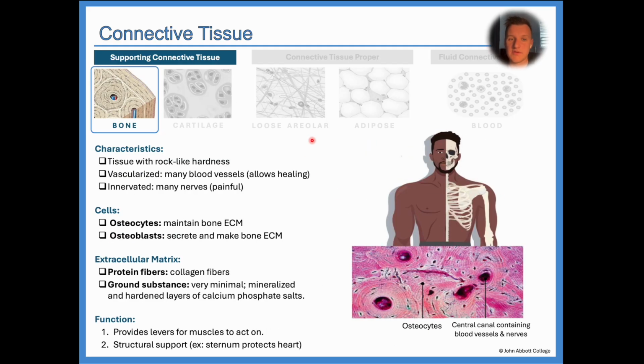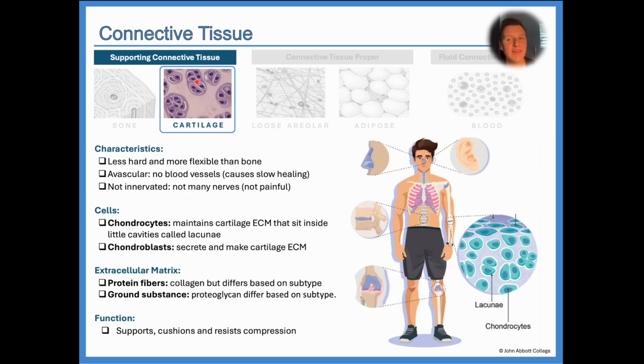So that's bone. That's the hardest type of connective tissue, the least fluid. Then a little bit more fluid than bone, but still very tough, is cartilage, right? Cartilage is less hard, but more flexible than bone, right? Think of the cartilage in your ears, you can move it, right?